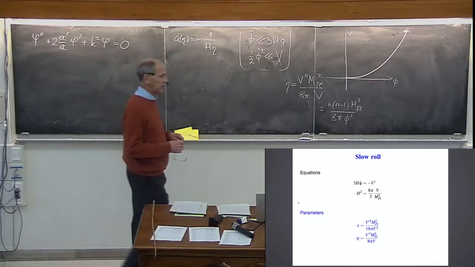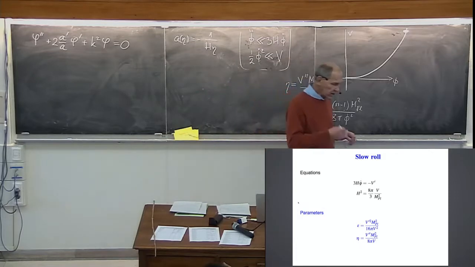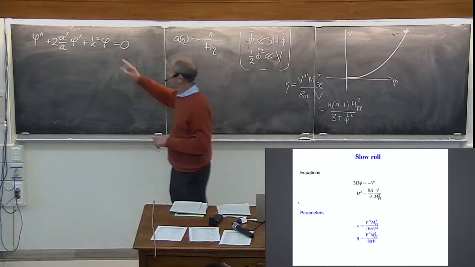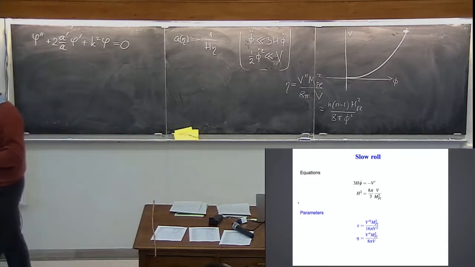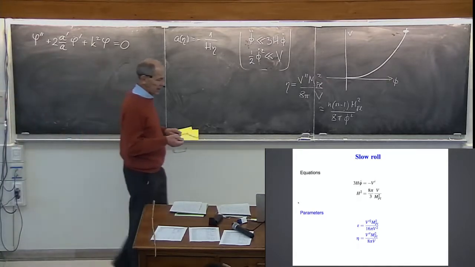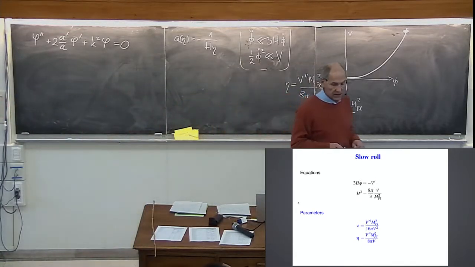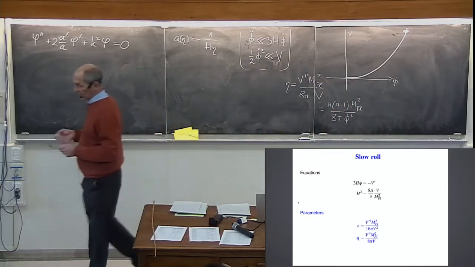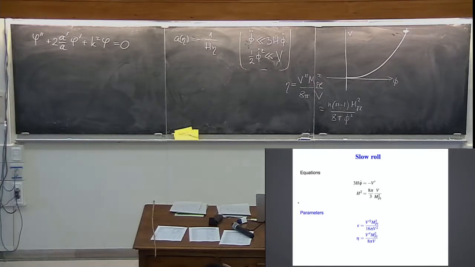Sorry, the epoch when the perturbation phi starts becoming superhorizon. Because we know how the solutions to this equation behave at early times when they are subhorizon, well, within the horizon, then this is a WKB solution.